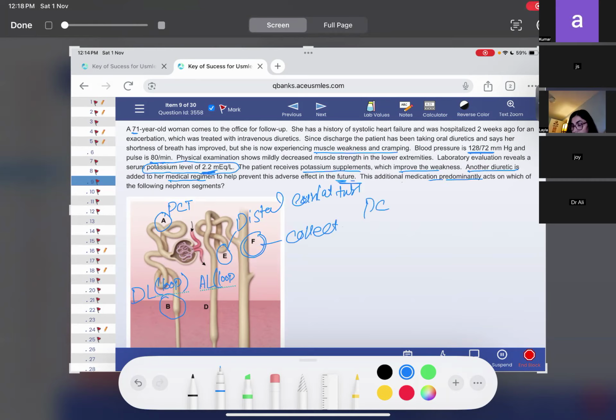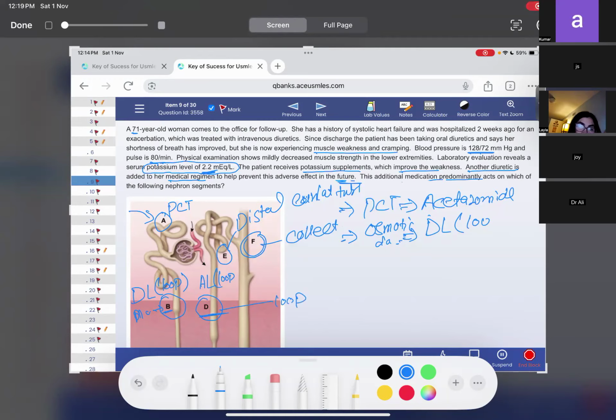In the proximal convoluted tubule, acetazolamide, a carbonic anhydrase inhibitor, works. Another type is osmotic diuretics like mannitol, which work on the descending limb of the loop of Henle, option B. Acetazolamide works on option A, loop diuretics like furosemide work on option D, thiazide diuretics work on option E, and on option F, potassium sparing diuretics work. Clear, everybody?